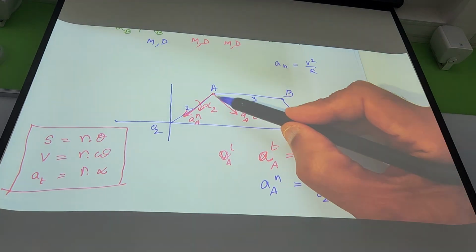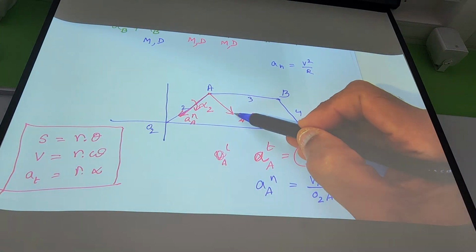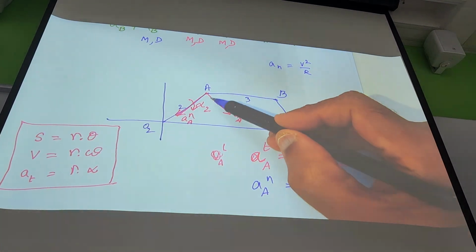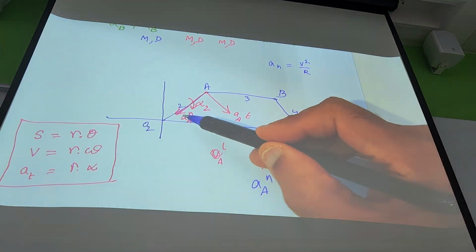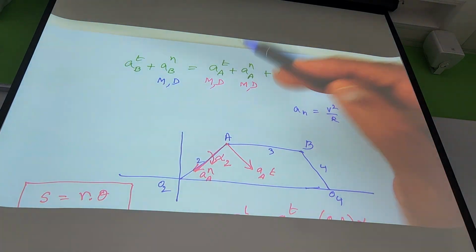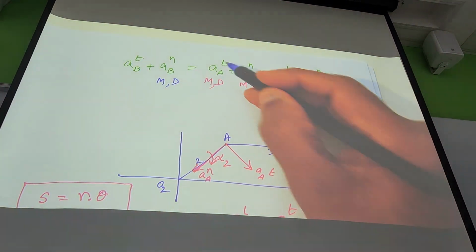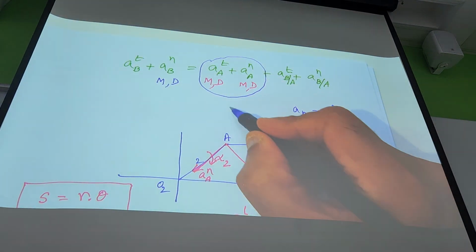So for point A, you know the magnitude and direction of the acceleration of A tangent, and also the magnitude and direction of the normal component. That means you know the complete information of this motion. So this is known.